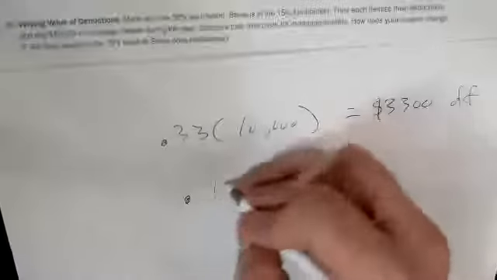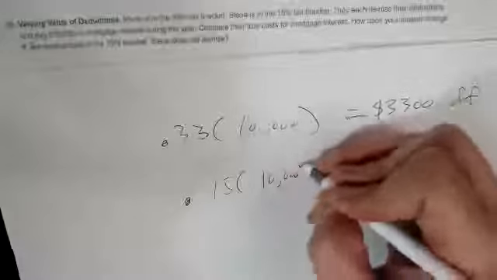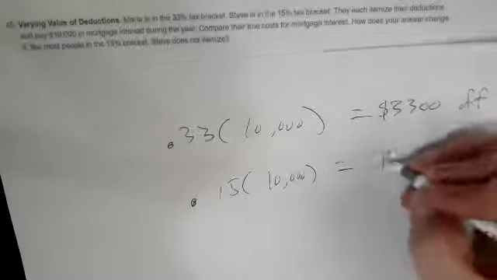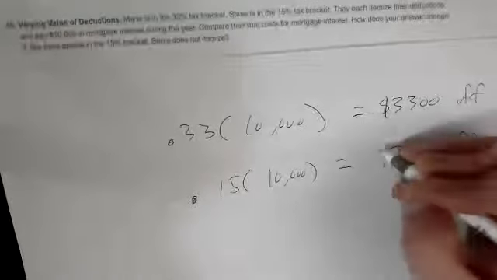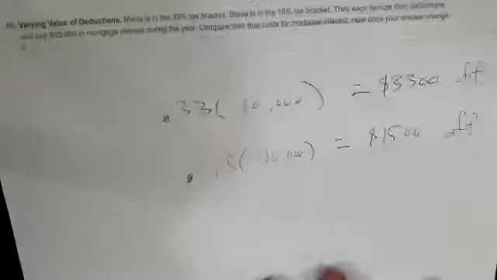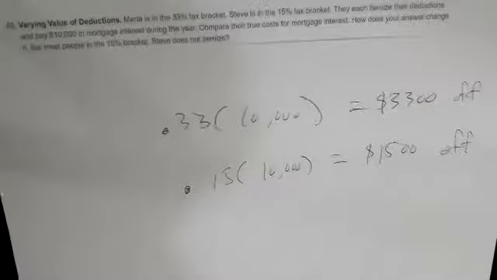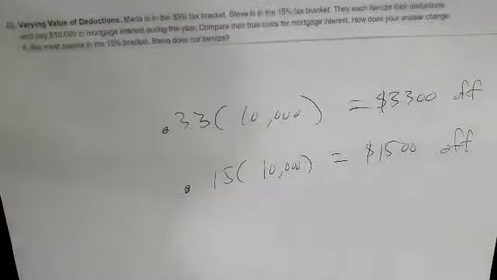And if Steve does it, he's getting 15% of 10,000, which gives me 1,500 off. $10,000 mortgage, true cost for the mortgage interest. It doesn't say how much their mortgage payment is, so that's a little bit tricky. I guess we just know that they get that much off.